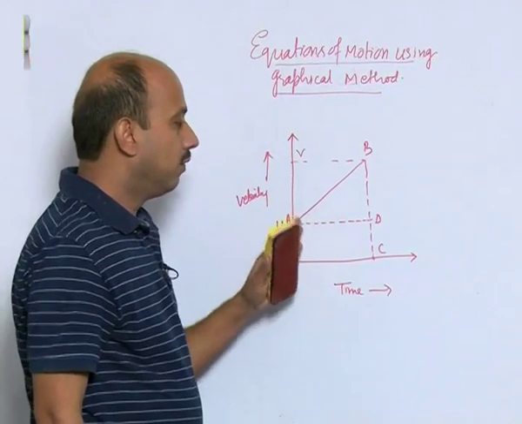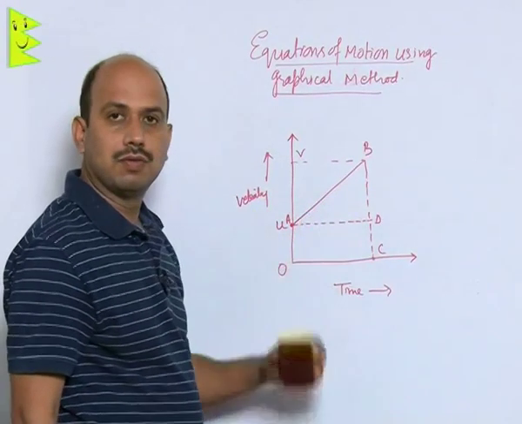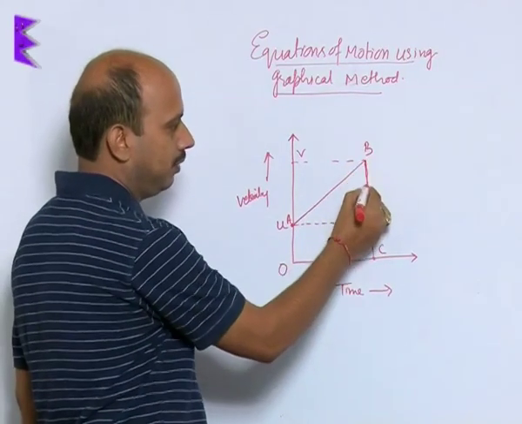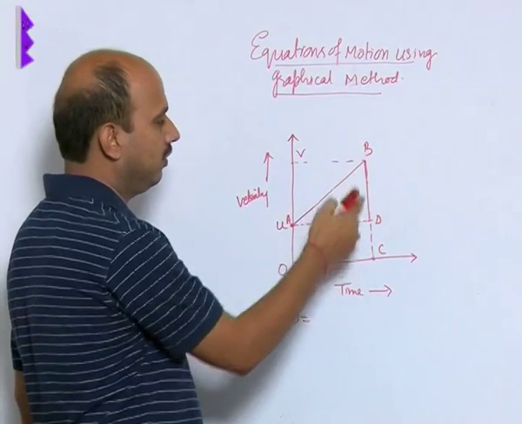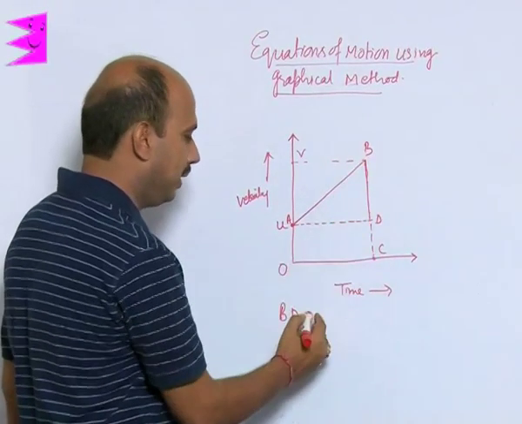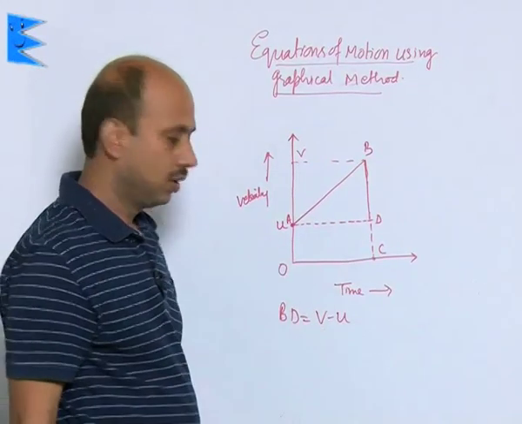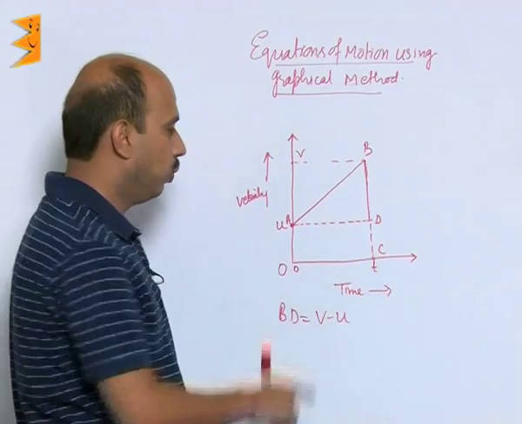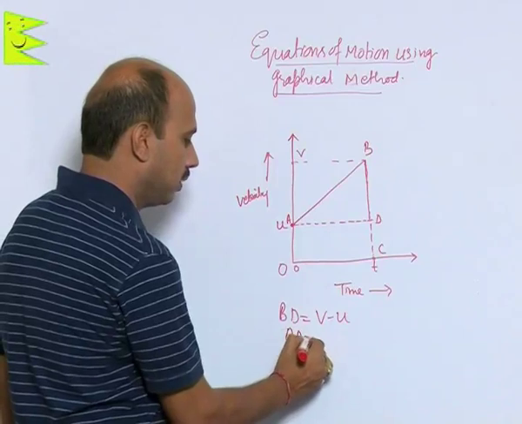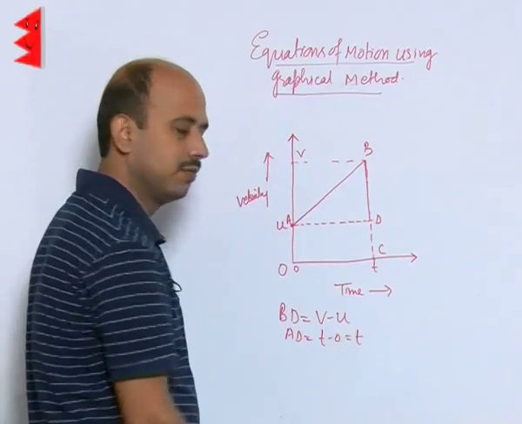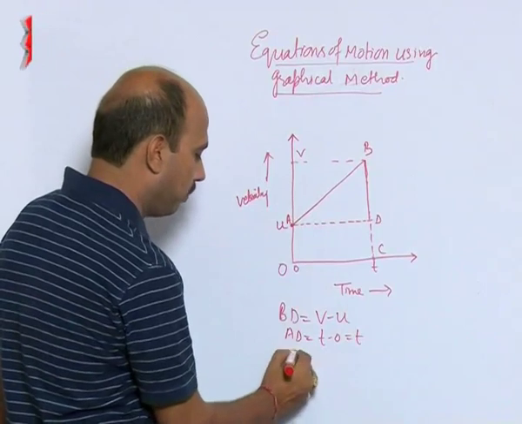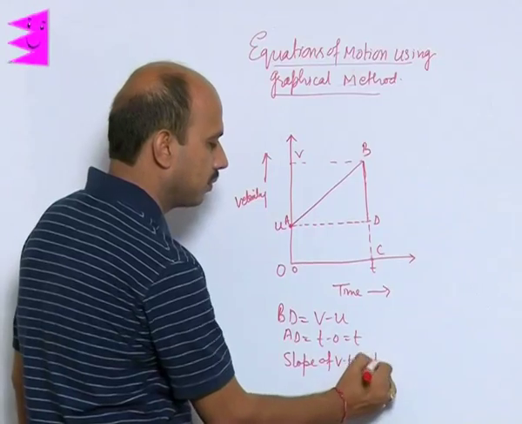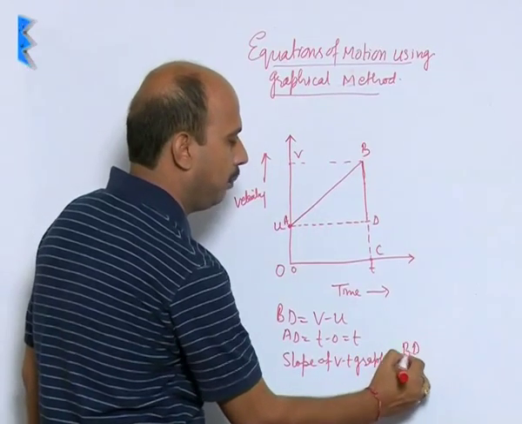So, see here, first we can take the slope of this graph. Here we can write BD is equal to this much. From here to here this is V, from here to here this is U. So, we can write BD is equal to V minus U. I have taken 0 time here, and this we can take as T. So, we can write AD is equal to T minus 0, that is equal to T. So, now the slope of the VT graph is equal to BD upon AD.